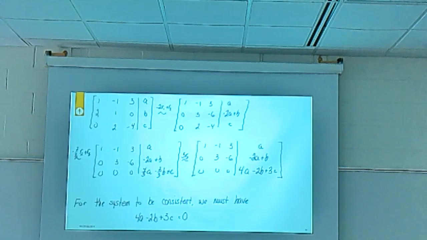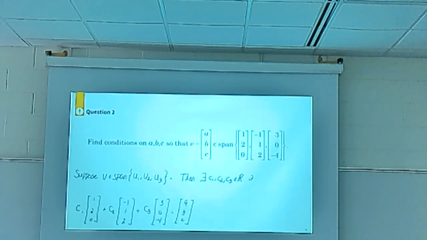So that 4A minus 2B plus 3C had better be 0 to be consistent. There's the condition. Any 3-vector that satisfies that condition would be in the span of these 3 vectors. So what can you say? Does this set span all of R3? No. It spans a specific subset of R3, but not all of R3.